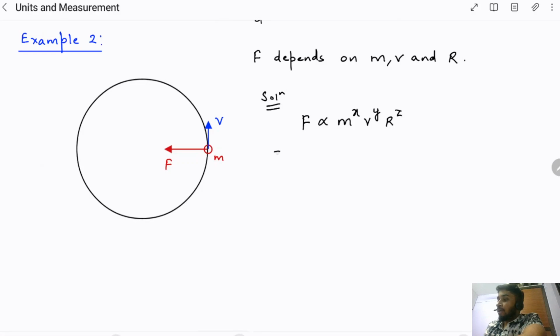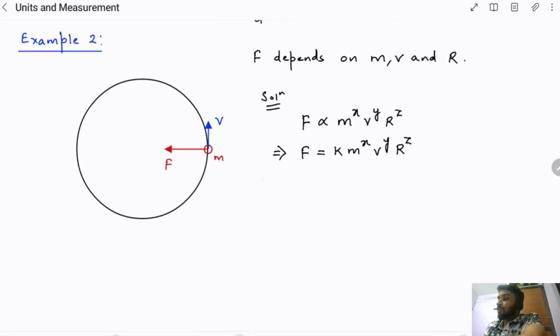There can be a proportionality constant here, which will be a numerical value, that I am representing with k. So the force formula becomes k into m to the power x into v to the power y into r to the power z.